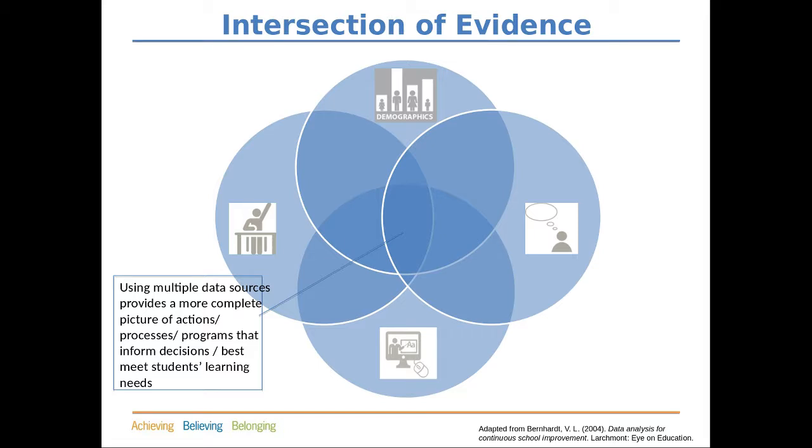When you analyze these various sources of evidence, you can create knowledge, and then you can use that knowledge to inform your actions and hopefully achieve results that will help the students. And this is just what I was saying before. Using multiple data sources provides a more complete picture of what you're looking for to best meet student learning needs.